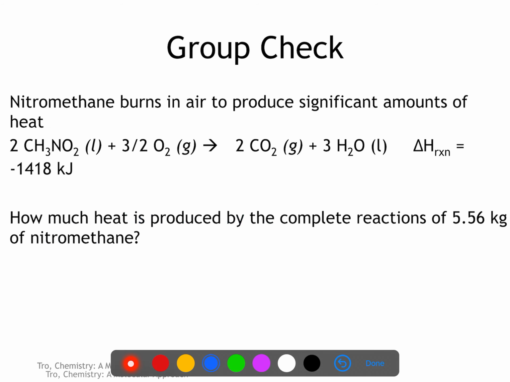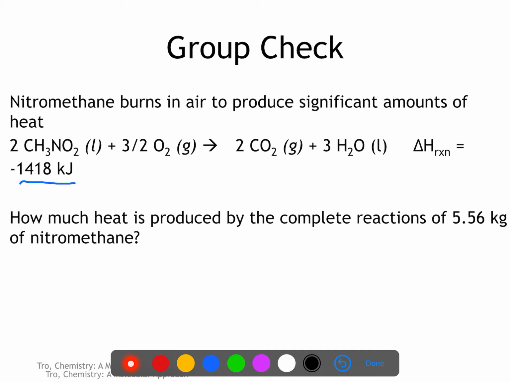So if we look at this question right here, nitromethane burns in air to produce significant amounts of heat. We have our reaction, it's already balanced, and we have the heat of reaction given. How much heat is produced by the complete reaction of 5.5 kilograms of nitromethane?